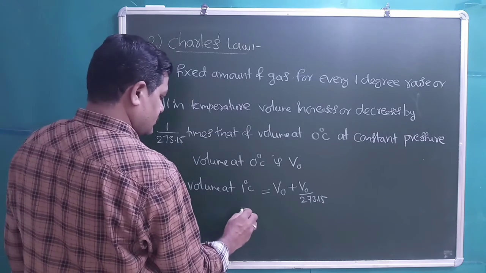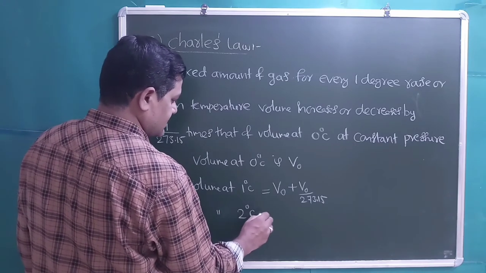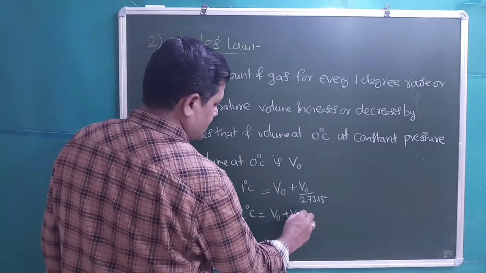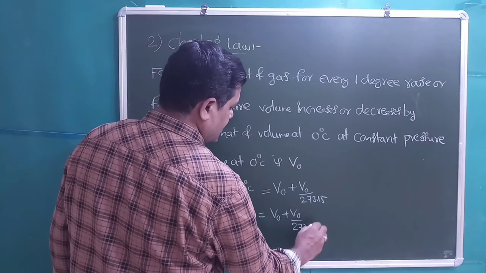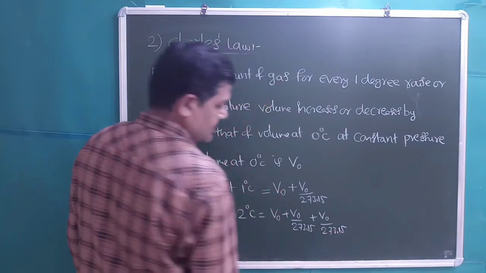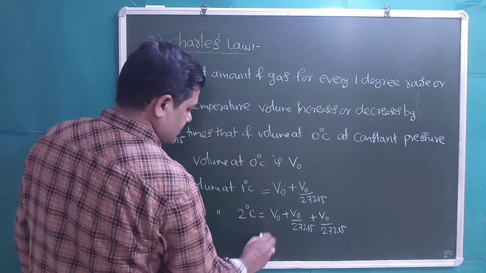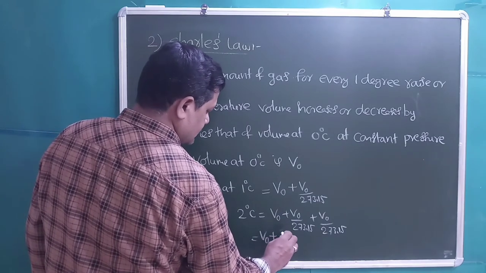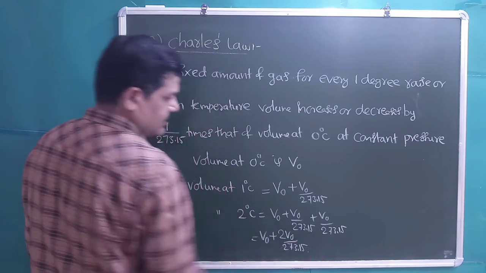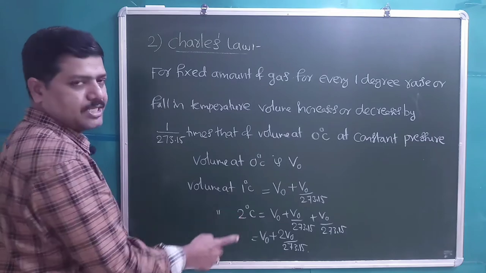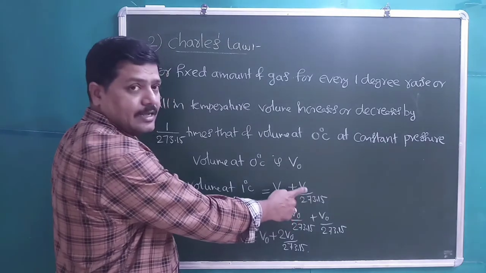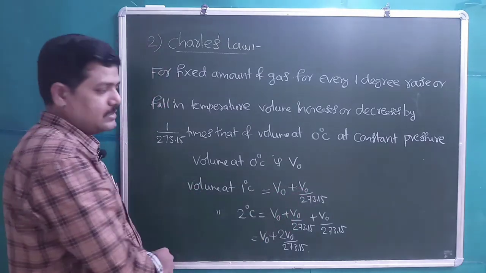Volume at 2 degrees Celsius is V naught plus V naught by 273.15 plus one more V naught by 273.15. Students, these we can add. This is V naught plus 2 into V naught by 273.15. For every 1 degree rise in temperature, volume increases by 1 by 273.15 times that of the volume at 0 degrees Celsius.